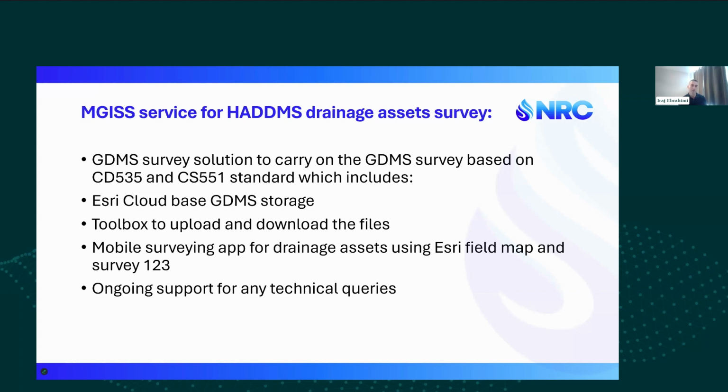We currently use that one, and it is very straightforward and easy for us to utilize this service without having the headaches of maintaining it, keeping up with all the changes that come from Highways England and so on. This is also based on the two standards, CS 551 and CD 575, which are the requirements of Highways England. And it is an Azure-based cloud system.